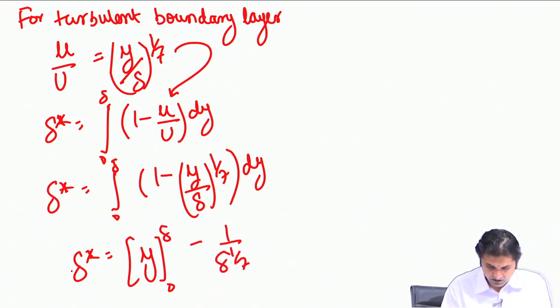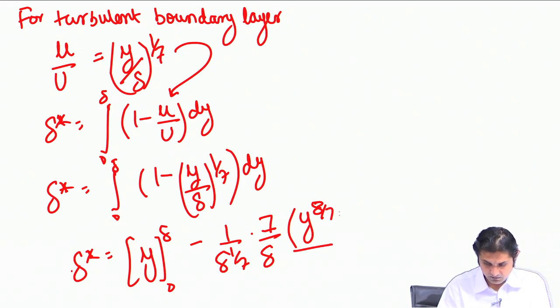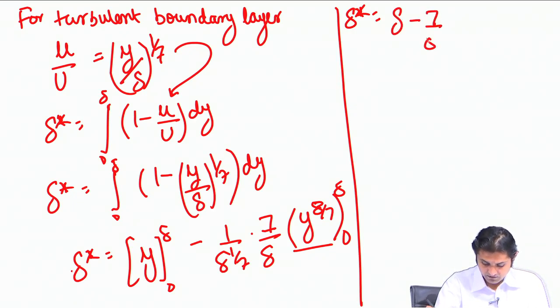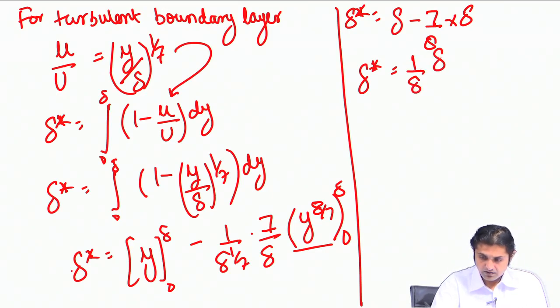minus 1 by delta to the power 1 by 7 into 7 by 8 into y to the power 8 by 7, and this also goes from 0 to delta, and therefore this comes out to be, after limit delta, second term will be 7 by 8 into delta, or this is going to be 1 by 8 delta.